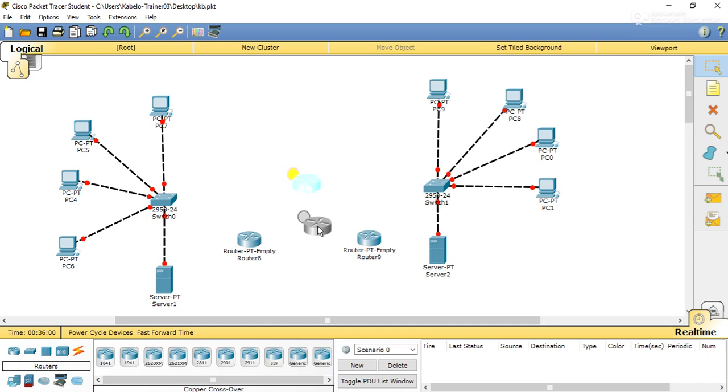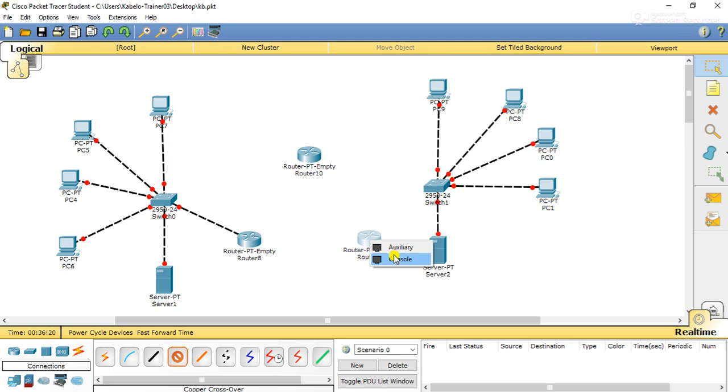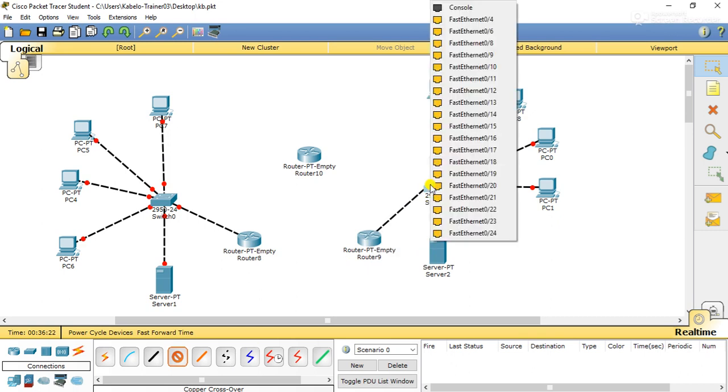So now we've got the router. This is the internet, and this is the router that Telkom said we should buy. So we have bought our router from Telkom.